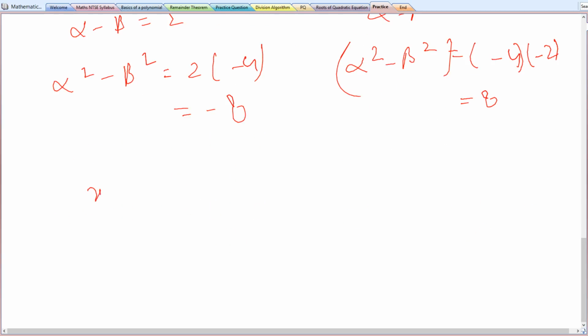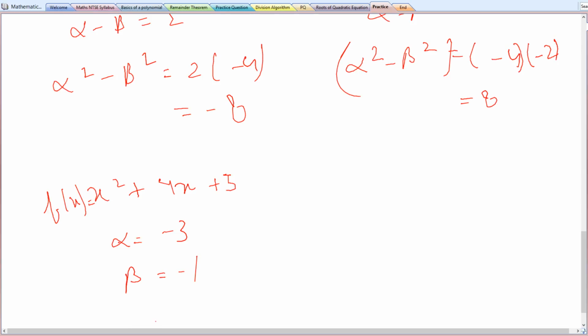Our equation was x square plus 4x plus 3. When we see how to find the roots of an equation, we'll know what the roots were.